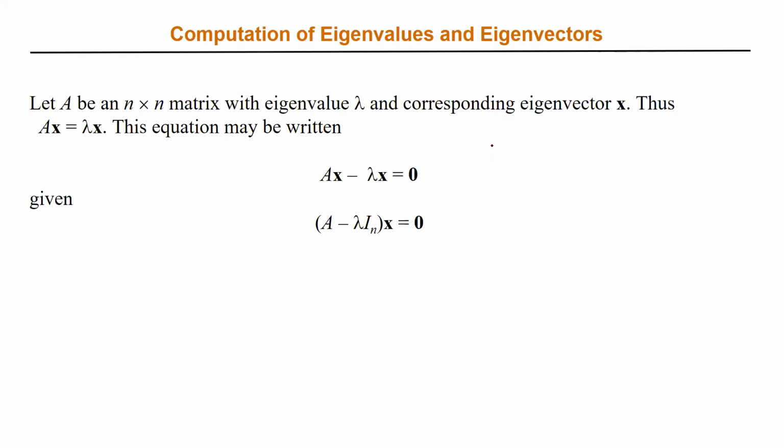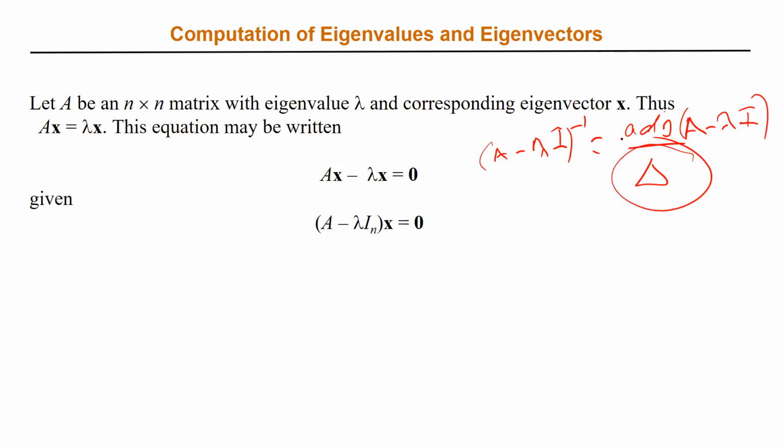Remember, (A minus lambda I) inverse equals one over the determinant times the adjoint of A minus lambda I. So if I make the determinant equal to 0, the matrix becomes singular, and that will give me the eigenvalues.